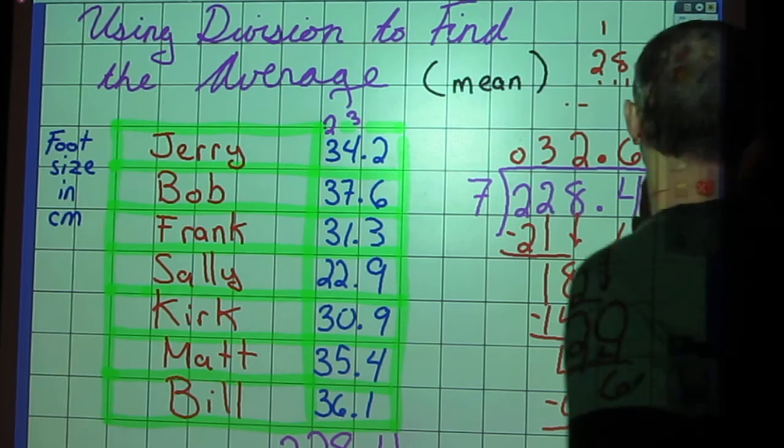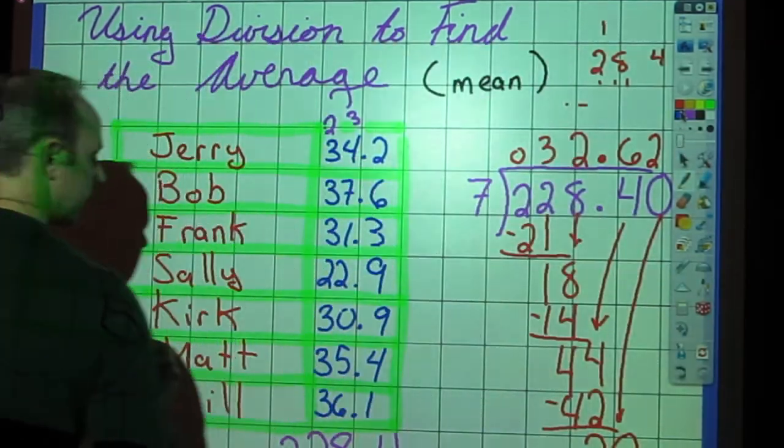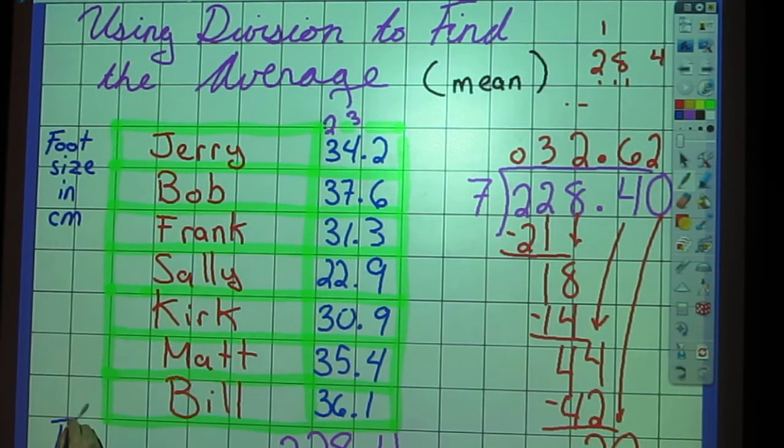And my answer is going to be the average size, or length, I guess would be even better, is 32 and 62/100 of a centimeter.